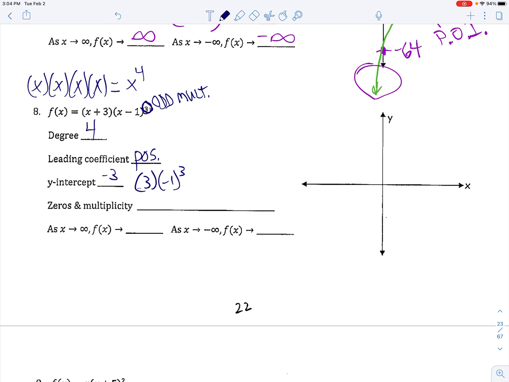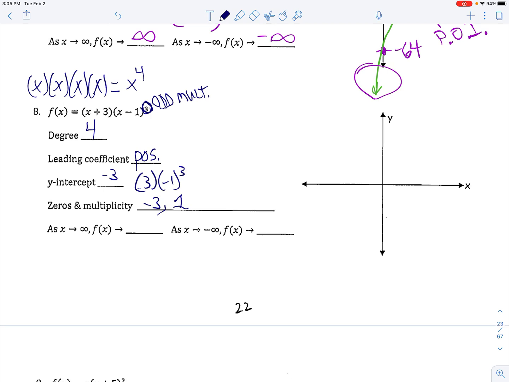And zeros and their multiplicity. Negative 3 is going to be a root. You set x plus 3 equal to 0, you get x equals negative 3. That's a simple root, not a repeated root, so you just write negative 3 and go on to the next one.